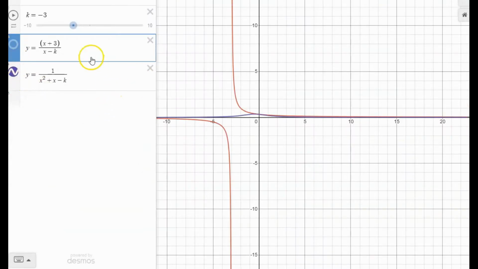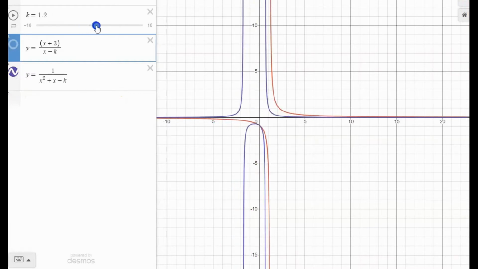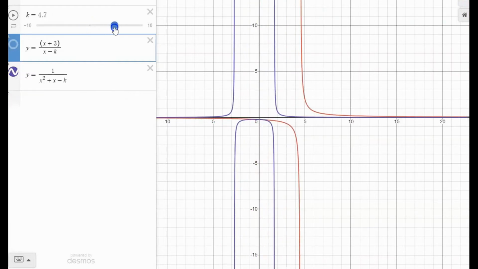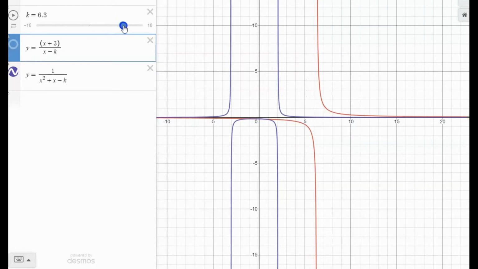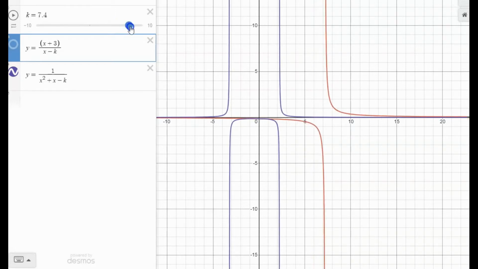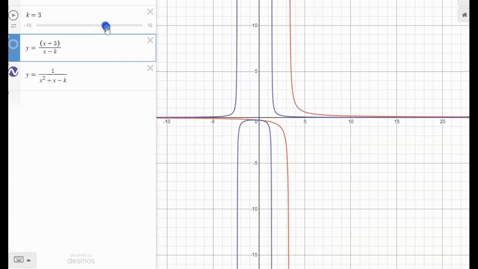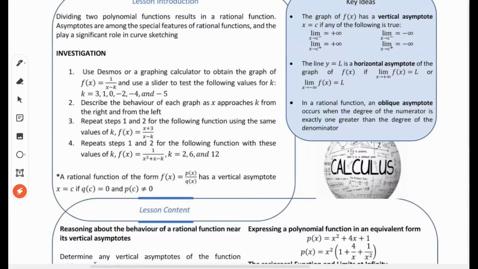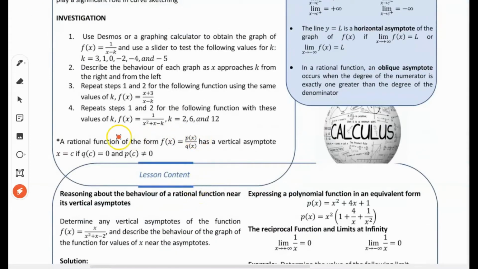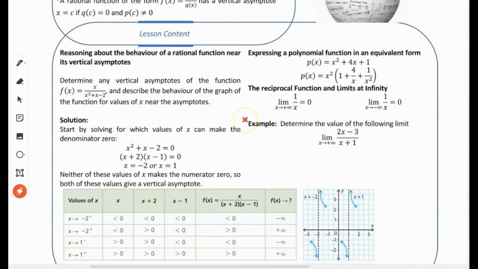That's our purple one. You could factor the denominator, and since it's a quadratic, you can end up with 2 vertical asymptotes, as you can see there. So those are the conditions you need to get a vertical asymptote.